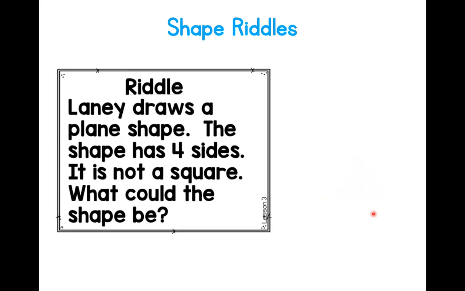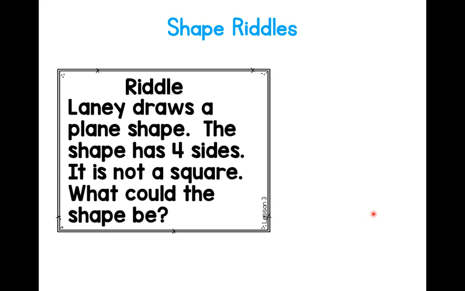Our last riddle says, Lainey draws a plane shape. The shape has 4 sides. It is not a square. What could the shape be? Well, I remember that polygon family tree, and we learned that there's a special name for polygons that have 4 sides. We said that those were called quadrilaterals.